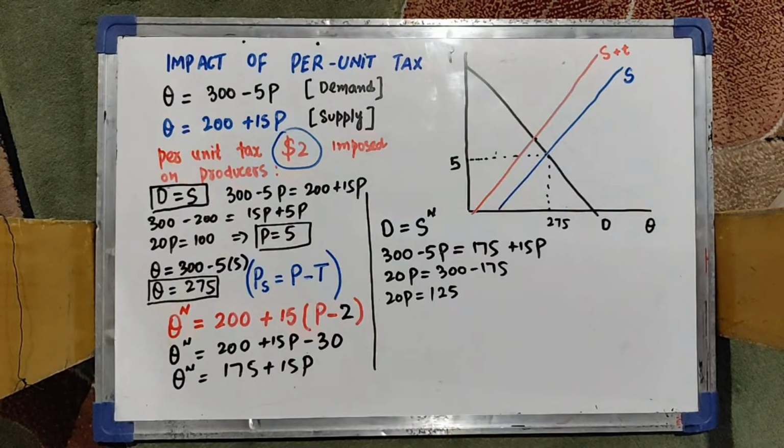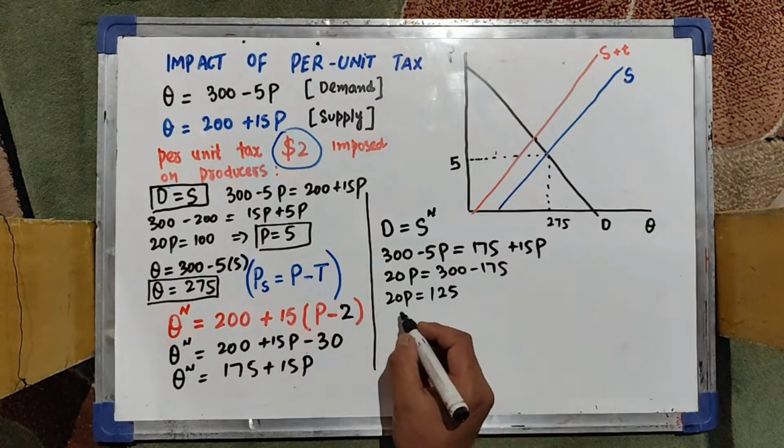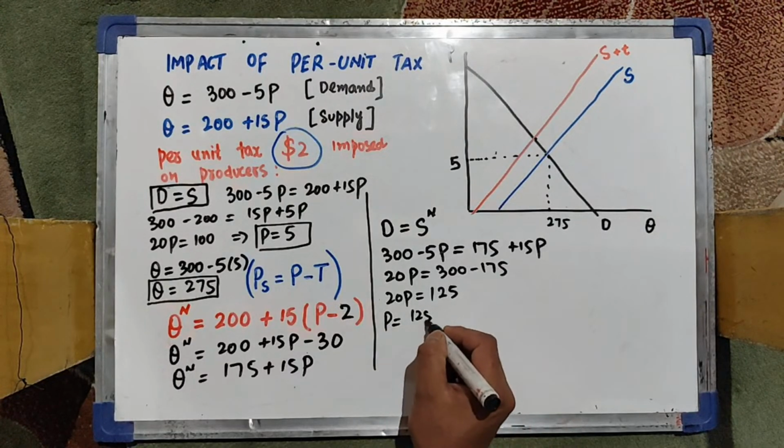I hope I have done the calculation right. So it will be 125. So the new price will be equal to 125 upon 20.